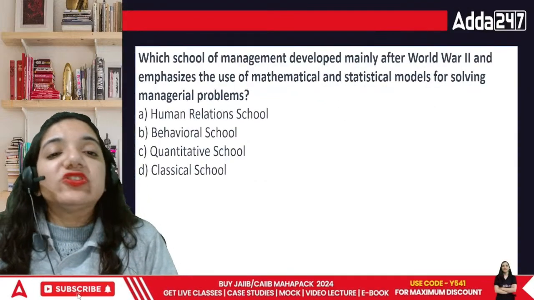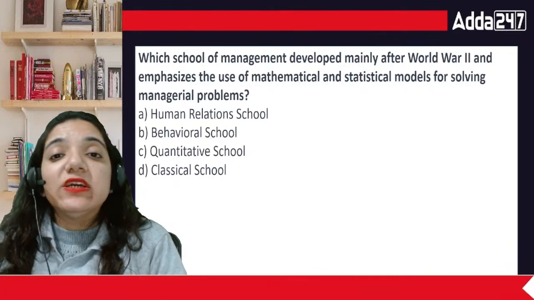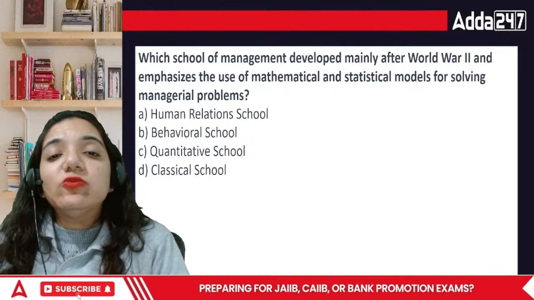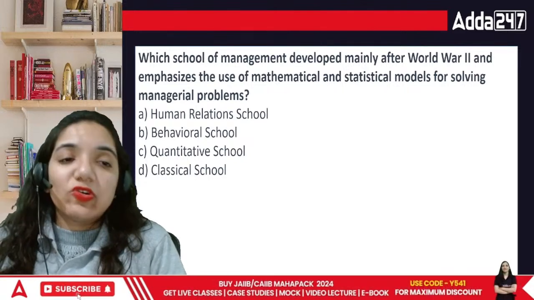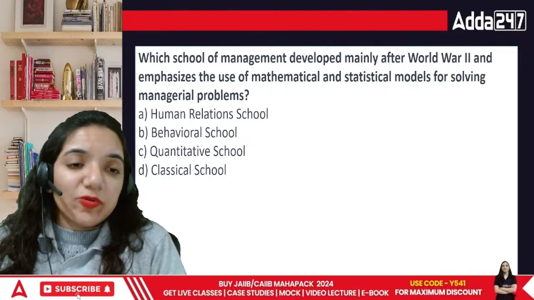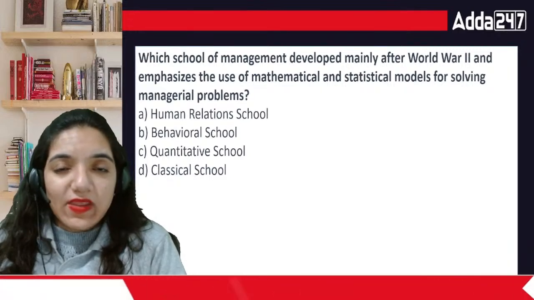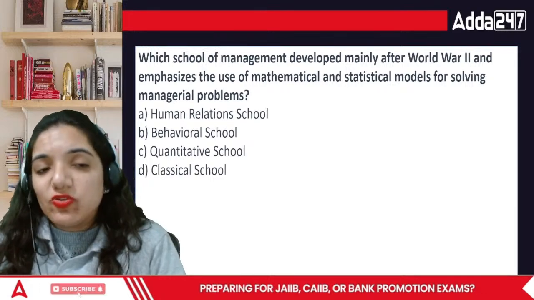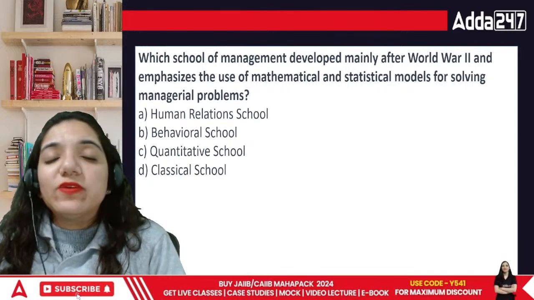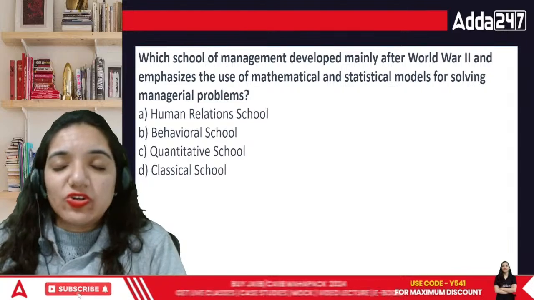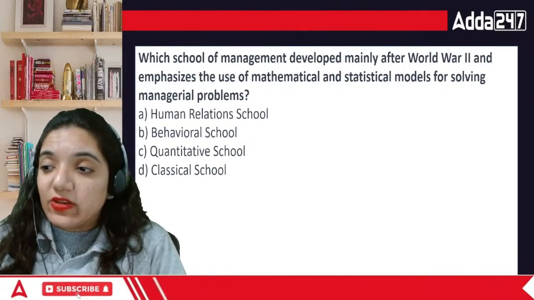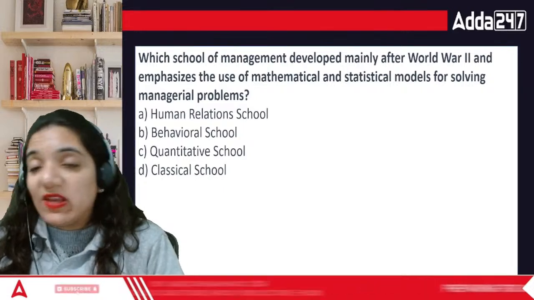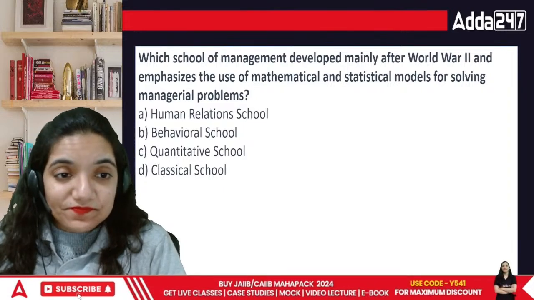Now comes the question: which school of management developed mainly after World War II and emphasizes the use of mathematical and statistical models for solving managerial problems? Classical was done during industrialization overall. And then we have the human relation school, which talks about the humans ultimately, that we are humans, we are no more machines which are just kept aside and sitting there.